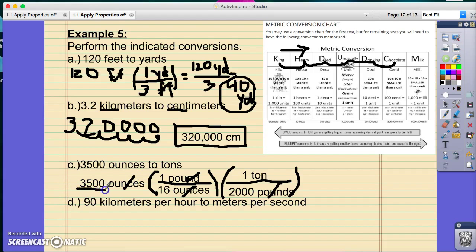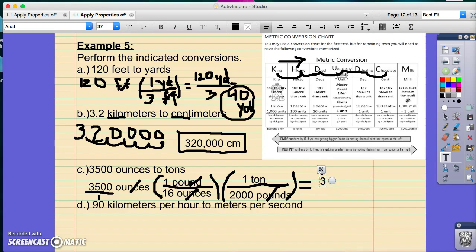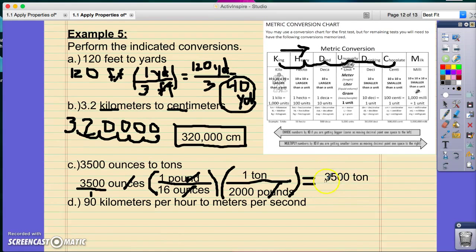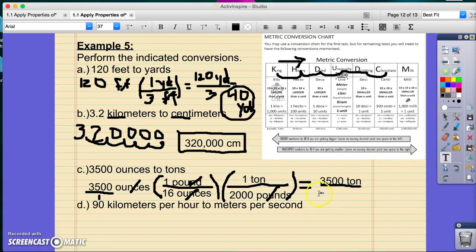Remember, technically, when you multiply, and a calculator is going to make it a little bit faster for you, this is really 3,500 over 1. So we're going to multiply the numerators together. I'm going to type it again. The numerator, 3,500 ton, over 3,200, just the number.